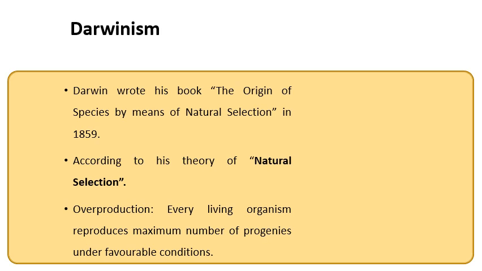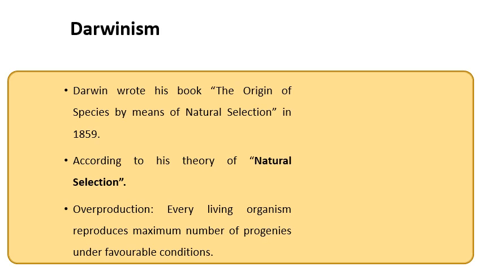For example, a salmon fish has the ability to produce about 28 lakh eggs in a single season. Oyster has the ability to produce about 1,14,000 eggs in a single mating. So all these living organisms have the ability to produce more number of offsprings.